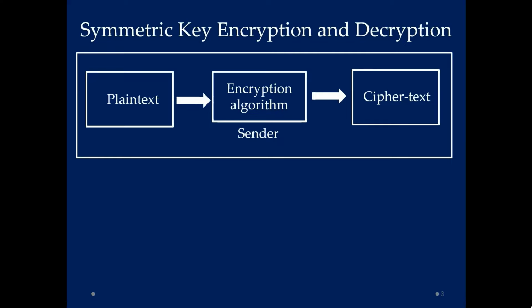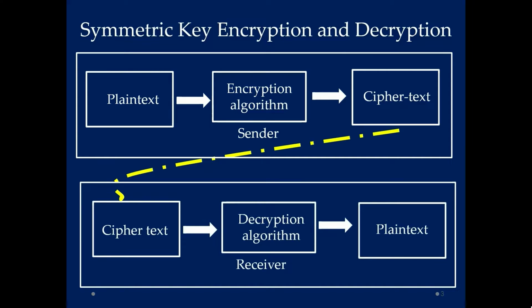A ciphertext is meaningless junk information which does not make any sense to other users. It is received by the receiver. The receiver will now decrypt the ciphertext using a decryption algorithm, which will convert the data into a proper message, which is the plain text. So the decryption algorithm will recover your plain text back.